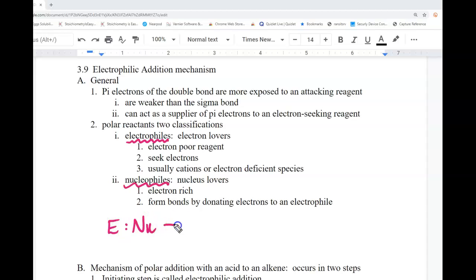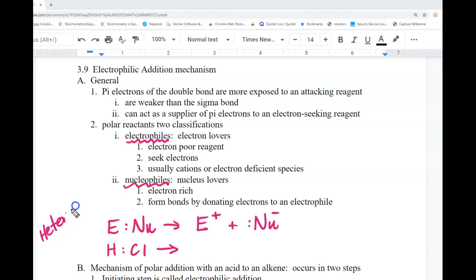When you break those two apart, you end up with the thing that is positively charged, which is attracted to other electrons, and the thing that is negatively charged, which is attracted to the positive portions of the compound. And so you might have something like hydrochloric acid, which is going to undergo heterolytic fission.